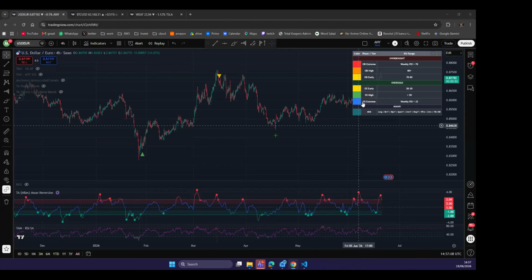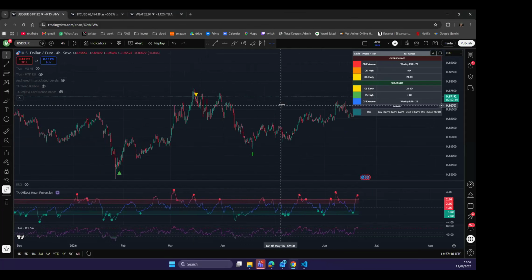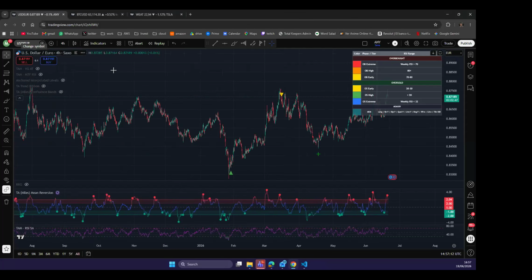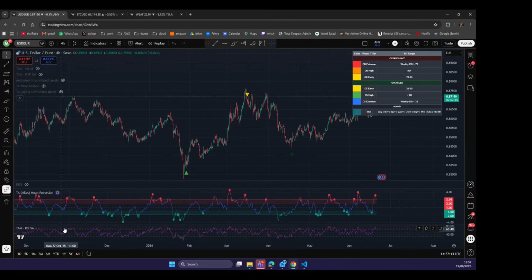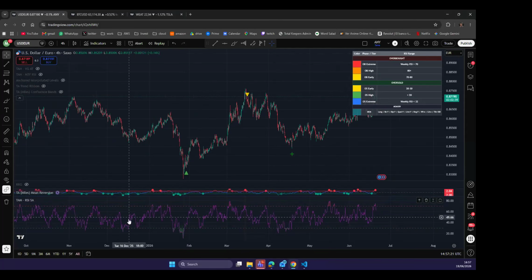So I think they are indeed looking at different things. On the 4-hour US euro, I can see the RSI is super steady. You don't get as much outside-of-the-bands action on the RSI.